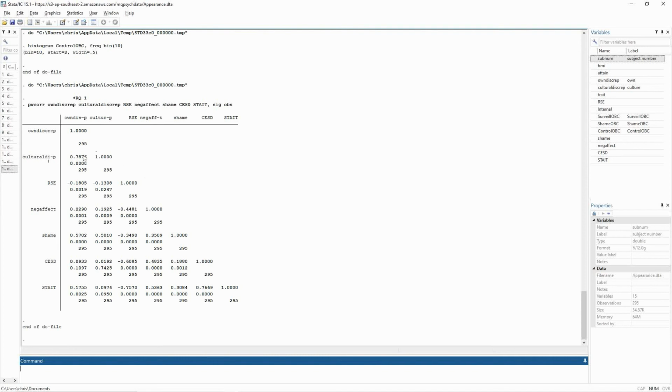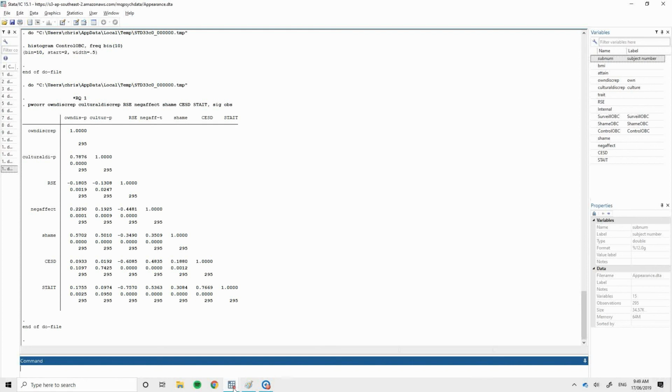So here I could say that the chance of obtaining a Pearson's R of 0.79 on 295 participants, if the null hypothesis was true, if Pearson's R actually equals 0, is less than 0.0005, so it's less than 0.05%.